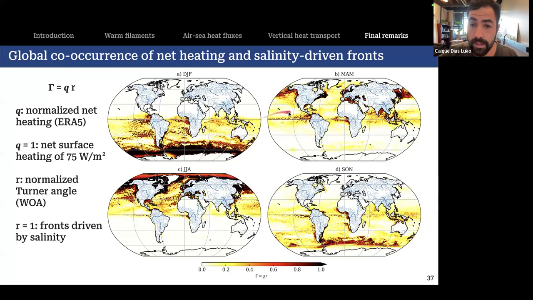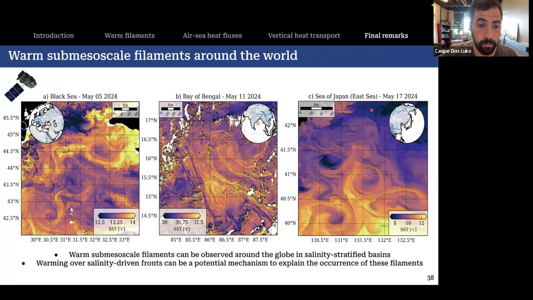And we actually looked at satellite images to try to find these filaments across the globe. We focused on the boreal spring, and we were very happy to find these filaments in the Black Sea, in the Bay of Bengal, and in the Sea of Japan or East Sea. And these filaments seem to be on the edges of mesoscale structures.